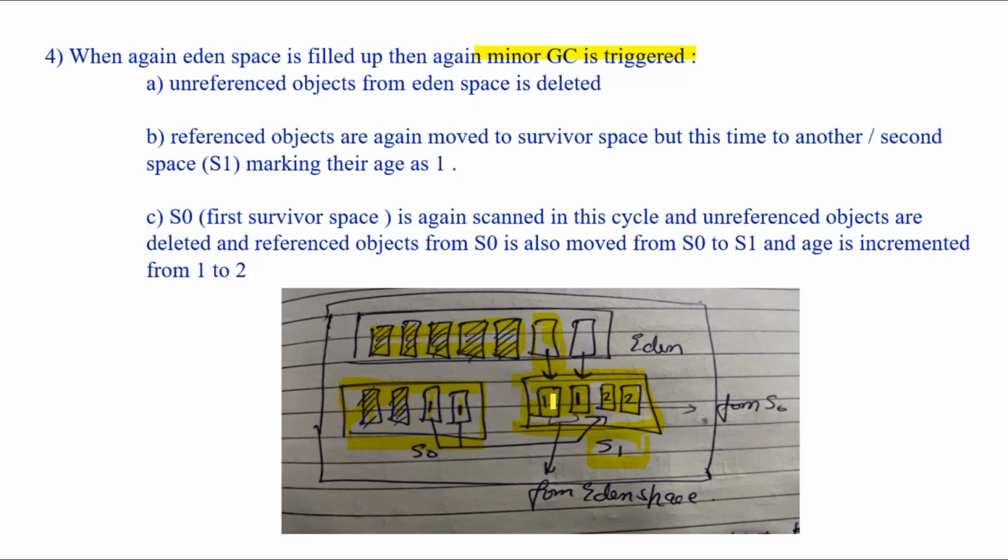What does that mean? S1 has objects of age 1 if they were newly created in Eden space and then survived the first garbage collection cycle, or their age is 2 when they are moved from S0 to S1, survivor space 0 to survivor space 1, when they have actually survived two minor garbage collection cycles.